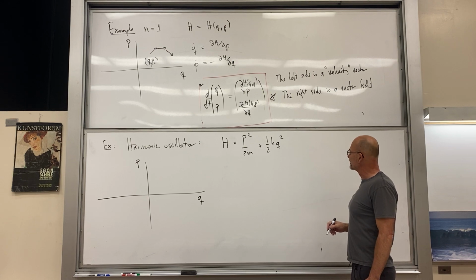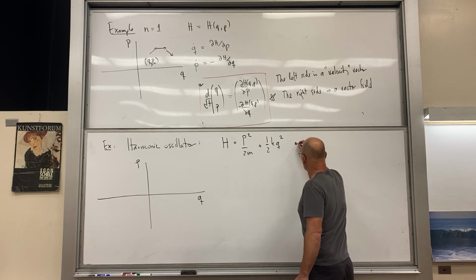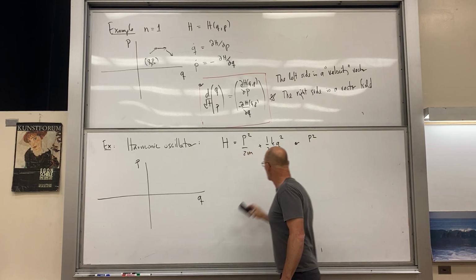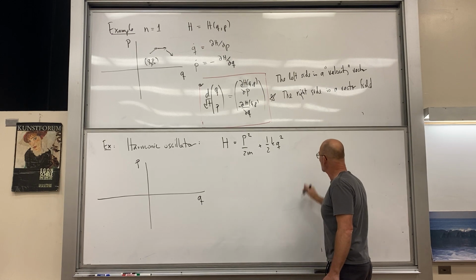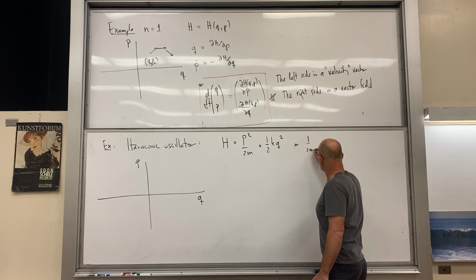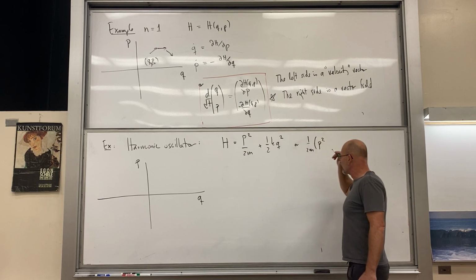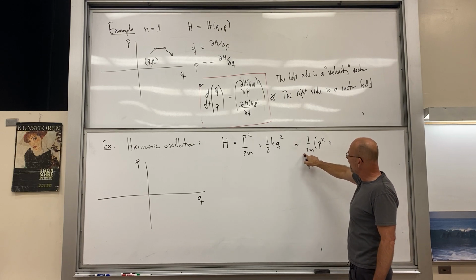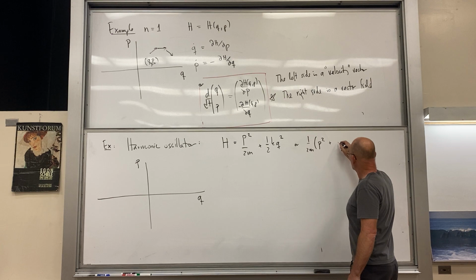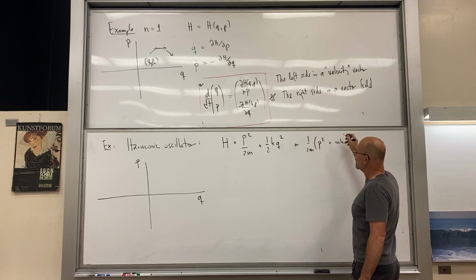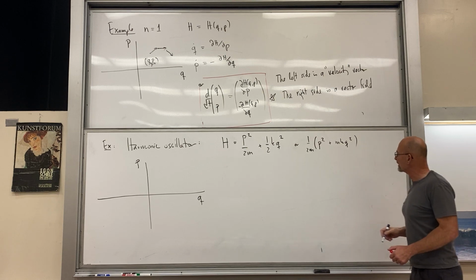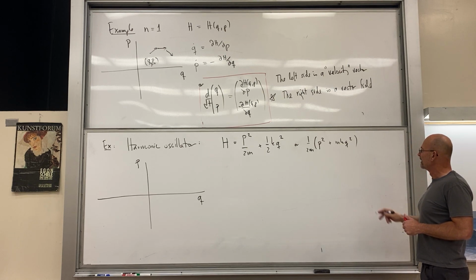The other way to write this is 1/2m P squared plus, as we factored out 1/2m, mK Q squared. Okay.